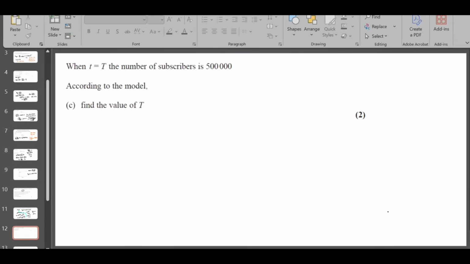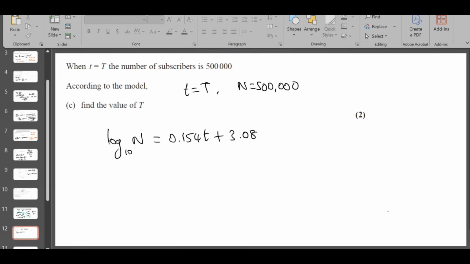Let's look at part C of the question. When t is equal to capital T, the number of subscribers is 500,000. According to the model, find the value of T. We have the equation log n to the base 10 is equal to 0.154 t plus 3.08.